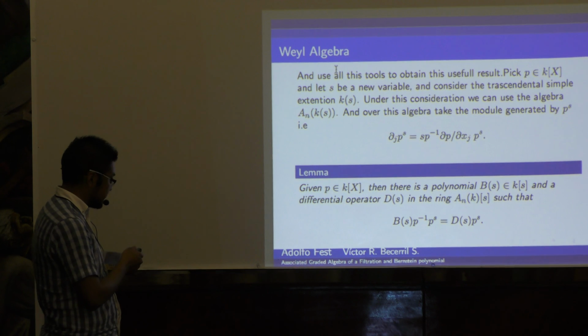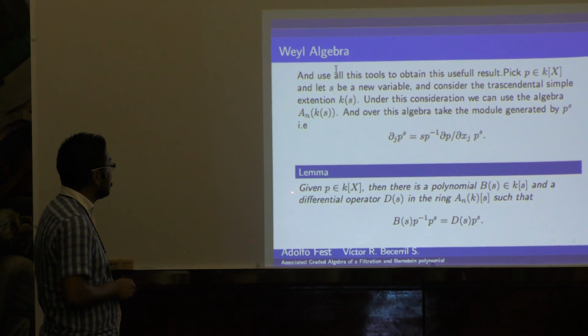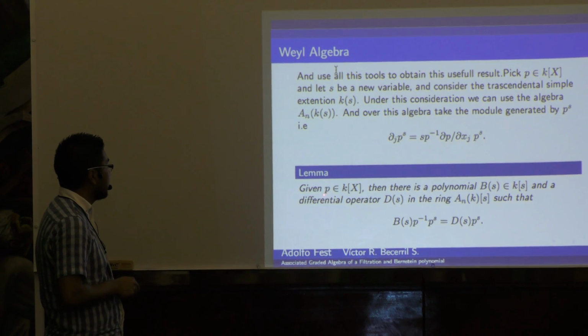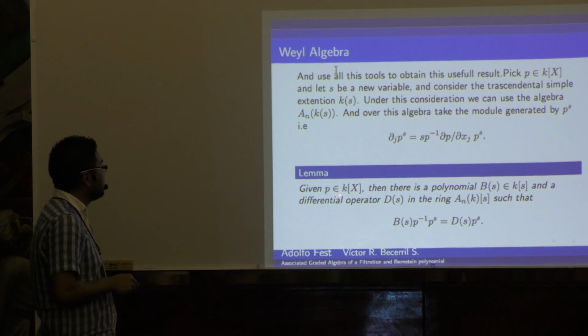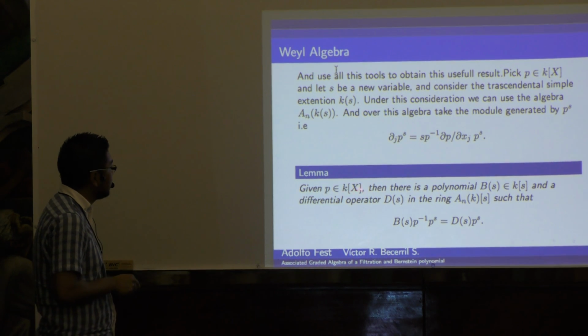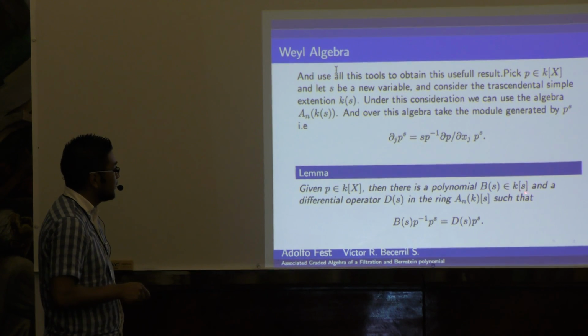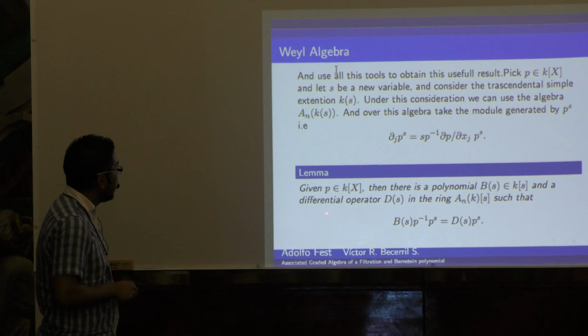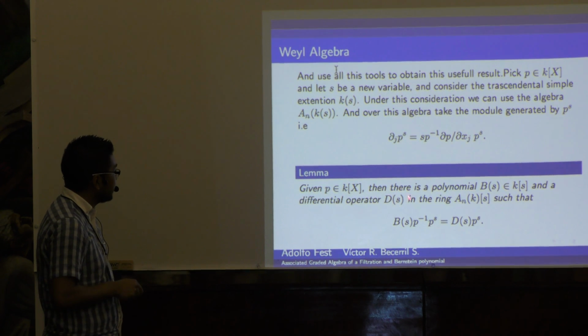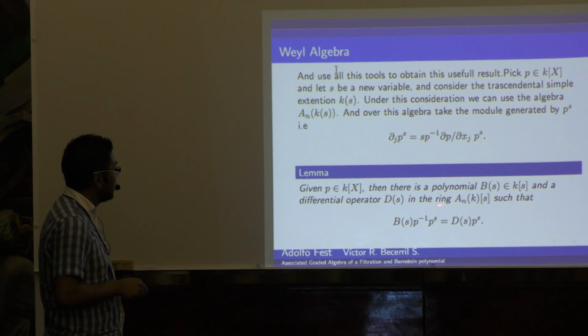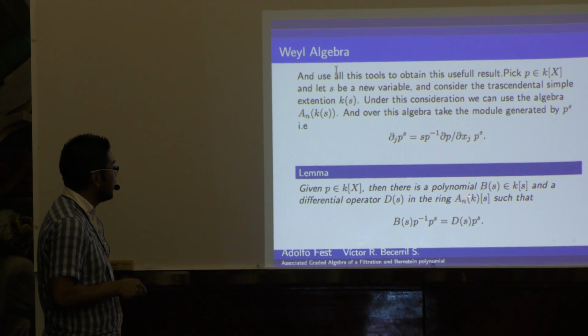module over this algebra. And I have also this more important result that says that whenever I pick an element here in the polynomials, then there is a polynomial in the variable and the new variable, and a differential operator in this new variable, as a polynomial but with coefficients in the algebra.